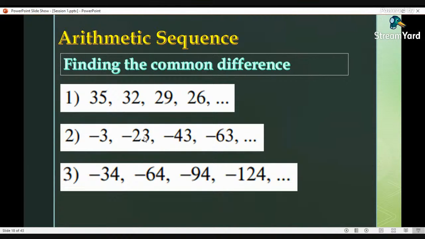Meaning the common difference is -20. So we have -3 plus -20, we get -23. -23 plus -20, we get -43. And -43 plus -20, we get -63.